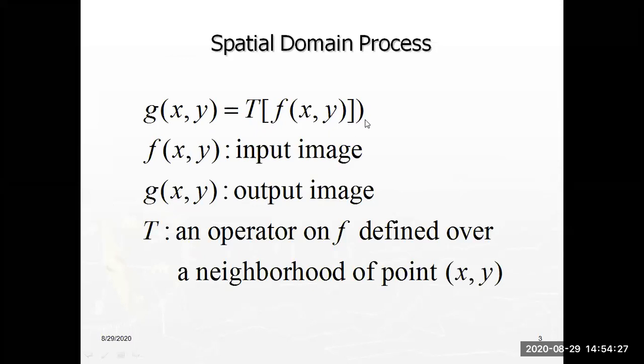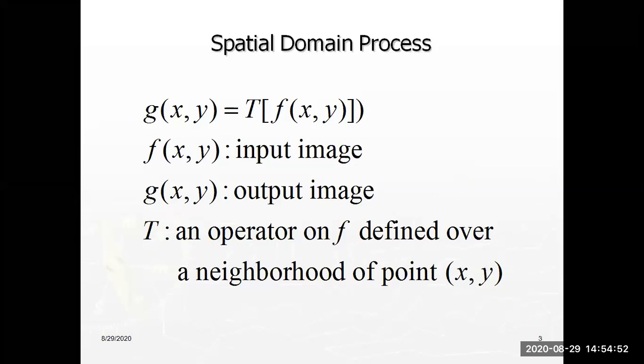Once again, in the spatial domain, input and output are both spatial. In the frequency domain case, the input is spatial, but for operation purposes the middle one is in the transform domain, and after the operation is over, you get back your original image.